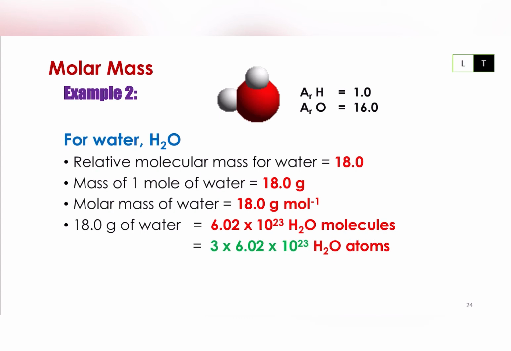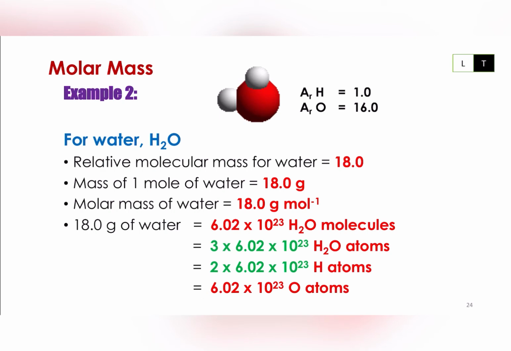Next, for the number of hydrogen atoms, we have 2 of them, so it will be 2 times Avogadro's number of H atoms. And last but not least, for the number of oxygen atoms, I have only 1 oxygen atom, so it will be 6.02 × 10^23 oxygen atoms.